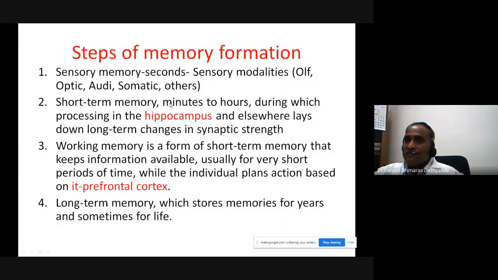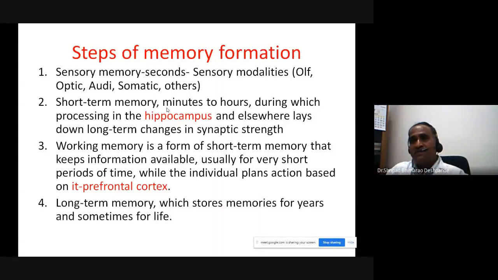Then short-term memory stays for minutes to hours, during which the processing happens in the hippocampus. If you feel that this short-term memory is relevant or helpful for the advancement of your knowledge, the hippocampus takes it on further.